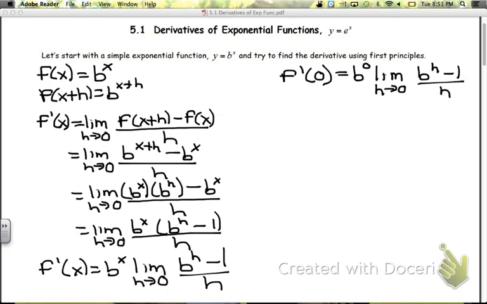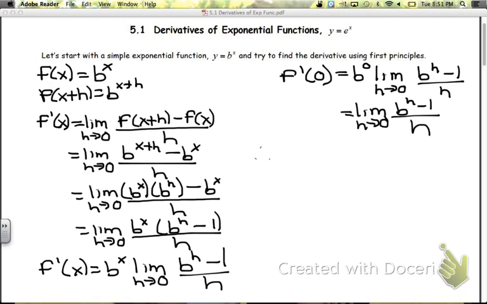Anything to the power of 0 we know is actually just 1. So any constant will always be equal to 1. Even a variable, anything to the power of 0. So I'm left with f prime of 0 is equal to the limit as h approaches 0 of b to the power of h minus 1 all over h.